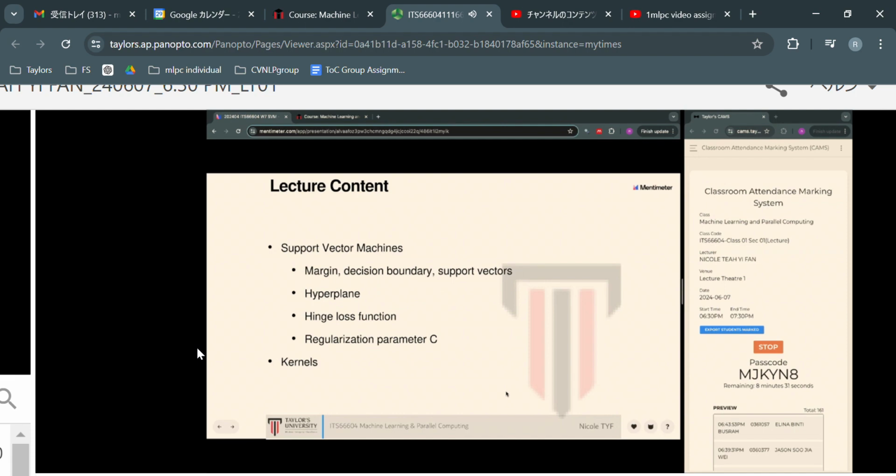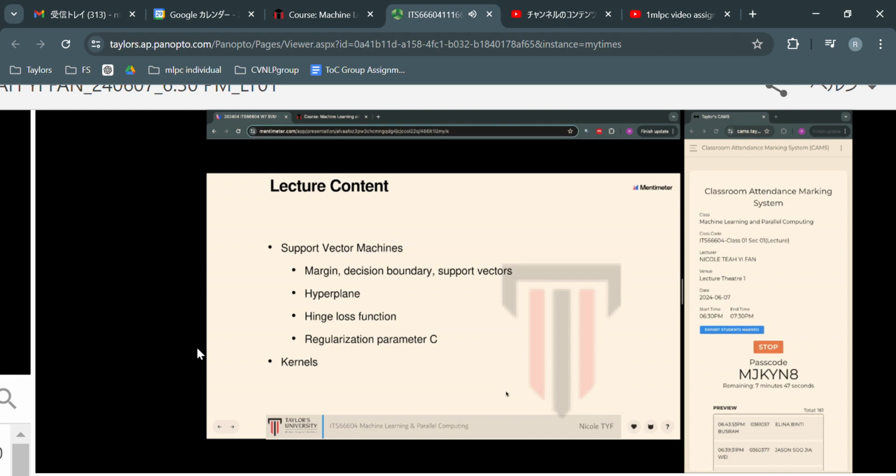For today's lecture, we are going to cover support vector machines. We will cover a few things you need to know, which include what is margin, decision boundaries, and support vectors. These are vocabulary terms highly related to understanding how support vector machines work and their intuition. Then we'll learn about the hyperplane, which is how the support vector machine produces a decision boundary to classify between classes.